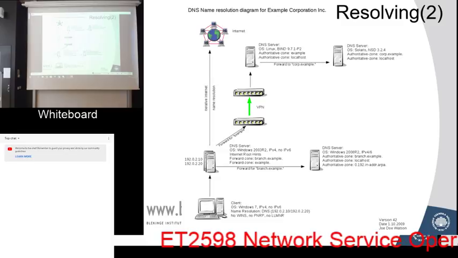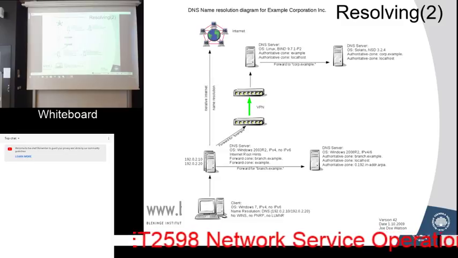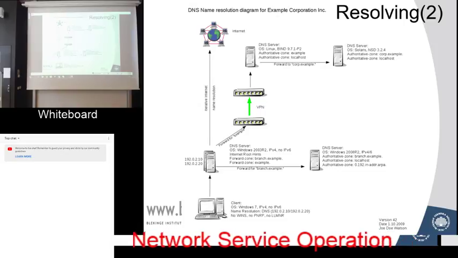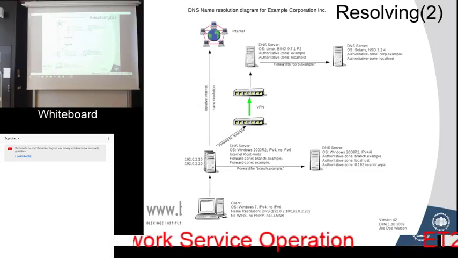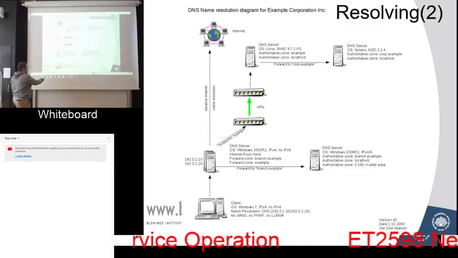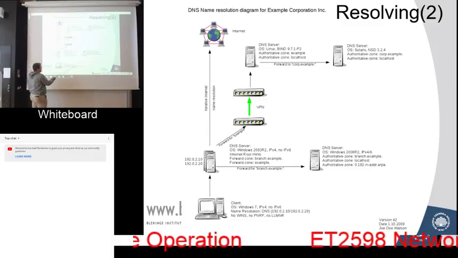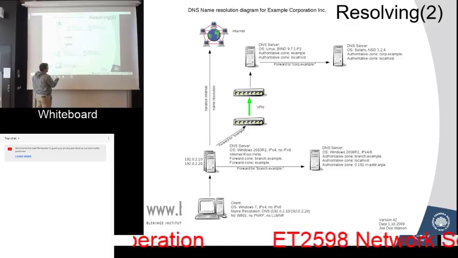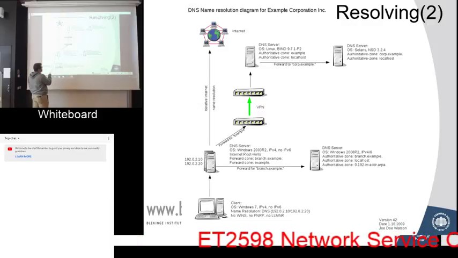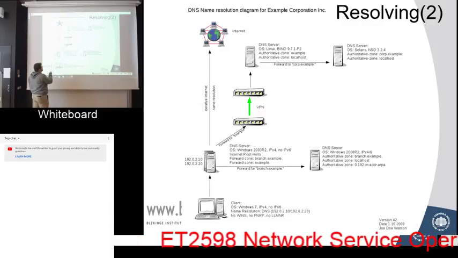So, here is an example. This is the device. It has two name servers, 192.0.2.10 and 20, and those are these two devices.